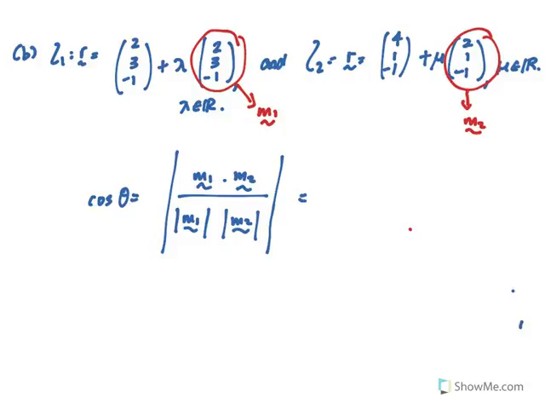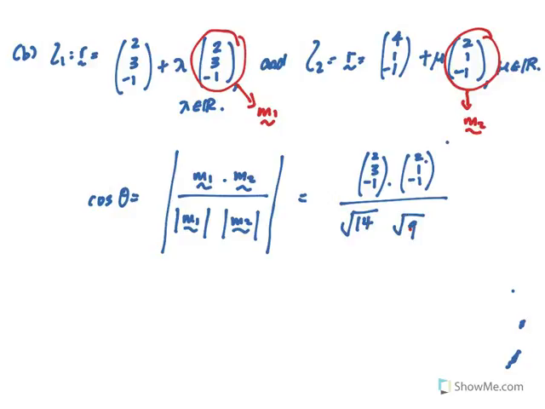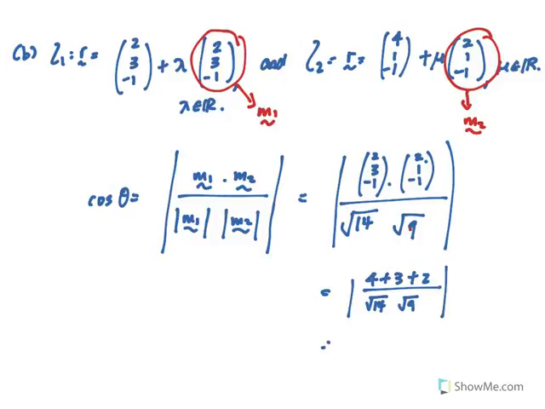This is 2, 3, negative 1 dot product with 2, 1, negative 1, over the magnitude of 2, 3, negative 1, which is square root 14, times the magnitude of 2, 1, negative 1, which is square root 6. We end up with 4 plus 3 plus 1 over square root 14 square root 6. This means theta is 36.7 degrees.